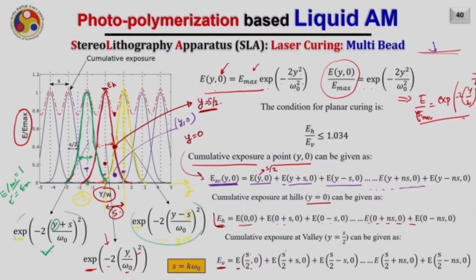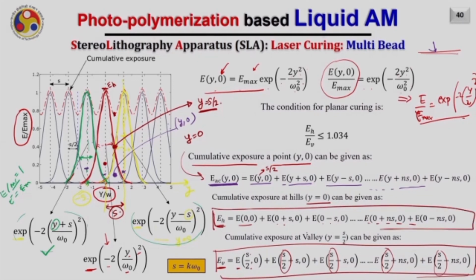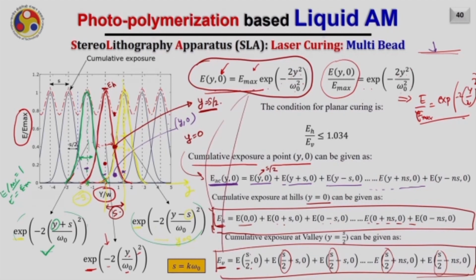Similarly here y is s by 2, and everywhere I have just written s by 2. So, this will be the total energy available in the valley and this will be the total energy available in the hill. Now, you can easily do that because you already know the expression for energy, that is E(y, 0) equals E max exp(-2y^2 / omega naught^2). You need to just put it here, keep on adding for hill and keep on adding for valley, and you will obtain the values. It is very easy.